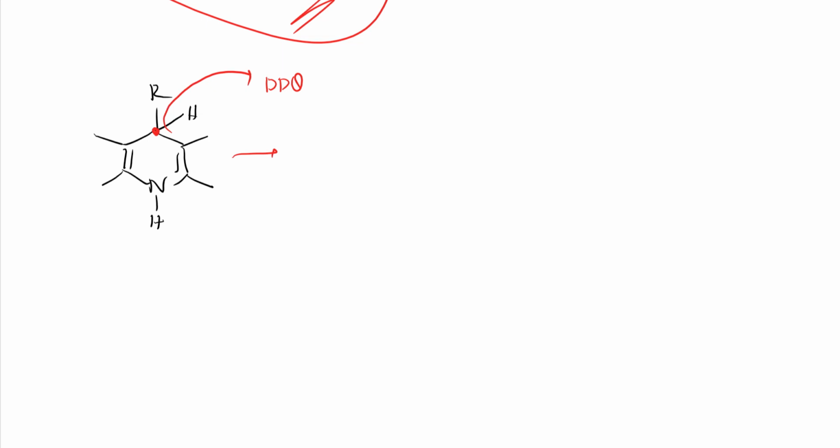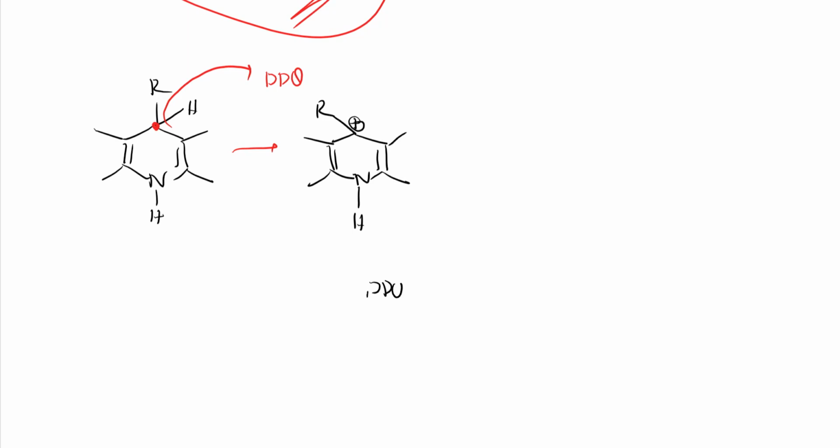See here, carbocation is formed, and H here, and R is there. Further what happens, DDQ with oxygen will be having negative charge, so it will take this proton, this electron density moves, this electron density moves, and it became neutral.